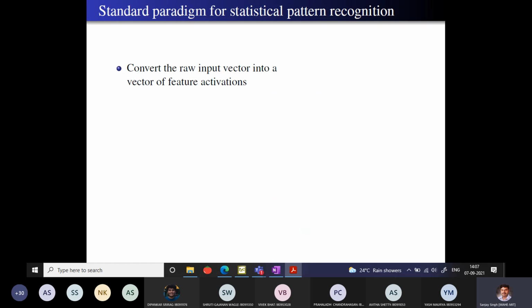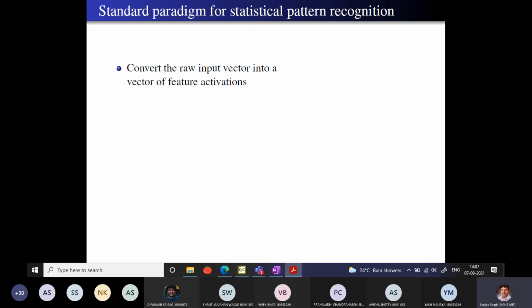So before I talk about this perceptron, which was given by Frank Rosenblatt way back in the 1960s, let me tell you the basic standard paradigm for statistical pattern recognition, how it normally happens. In statistical pattern recognition, people try to convert the raw input vector, whatever the raw input or different attributes are, into a vector of feature activations, or features.